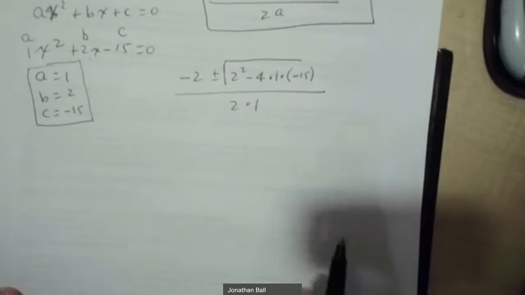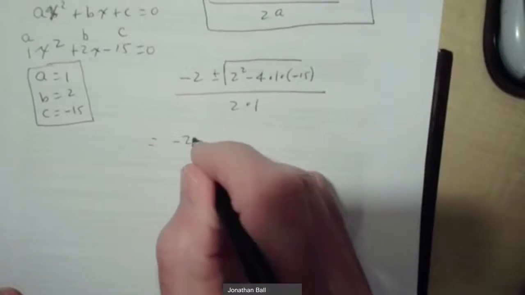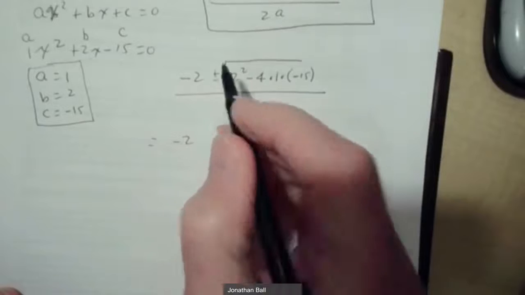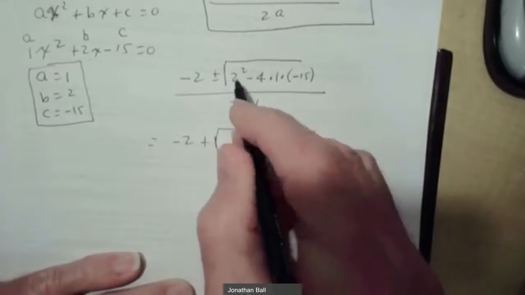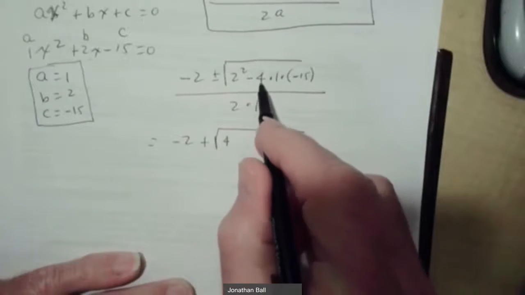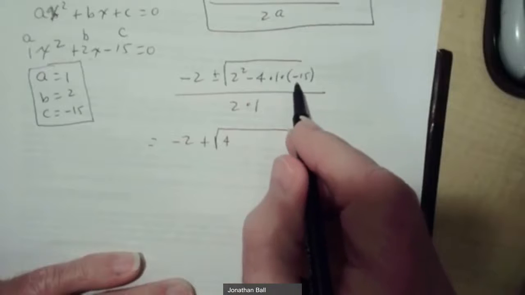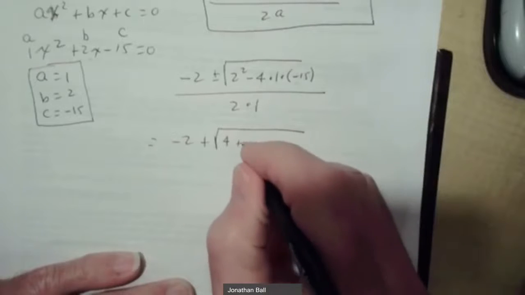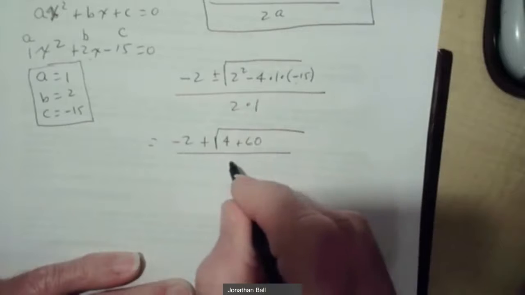So we have equals negative 2. Now, first of all, I'm just going to do the plus. The square root of 2 squared is 4. Minus 4 times 1 is negative 4. Negative 4 times negative 15 is a positive 60, all over 2.